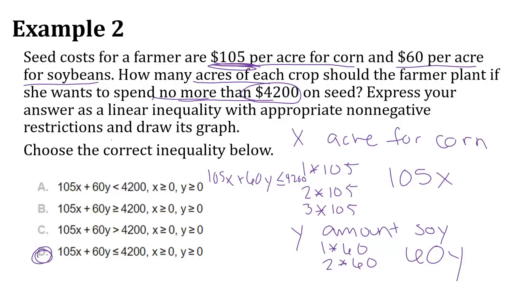All right, so now we need to graph it. So same steps. I have my linear inequality. So I need to put in for the intercepts. So let's figure out our intercepts so we can plot our points. We still have to graph it.